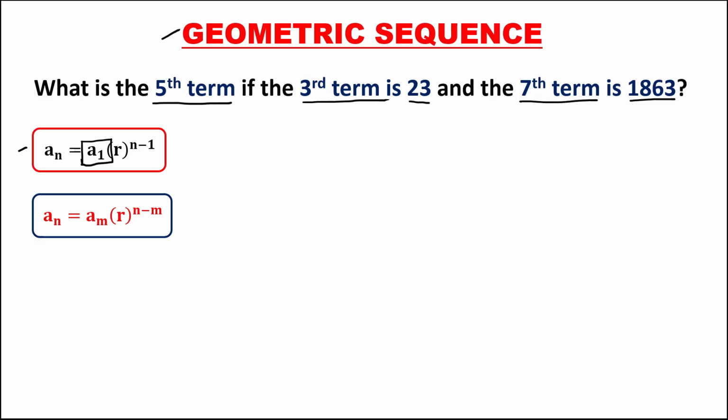So take note that if there is no given first term, then use this formula for the geometric sequence. And this a sub n is the last term, a sub m is any term except the last term, because the last term is a sub n.